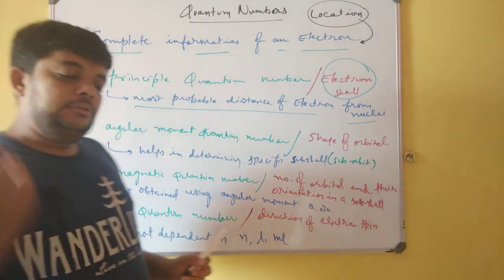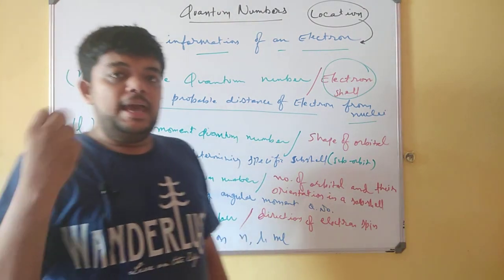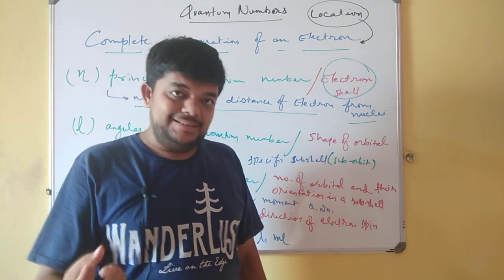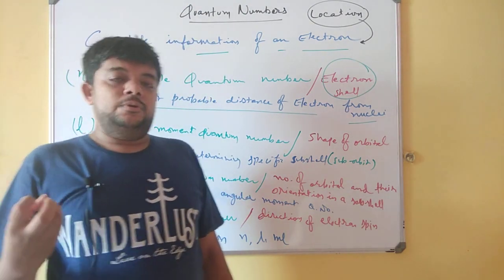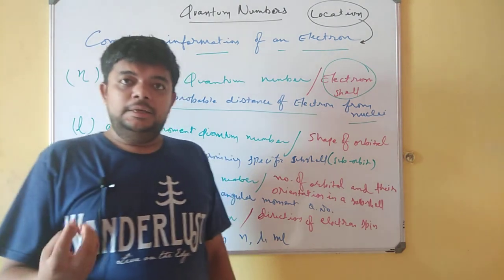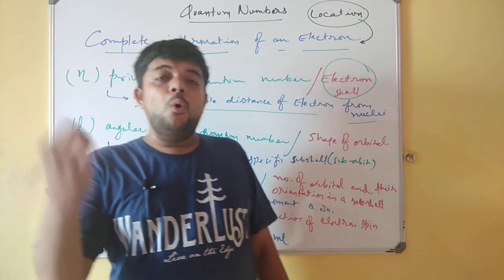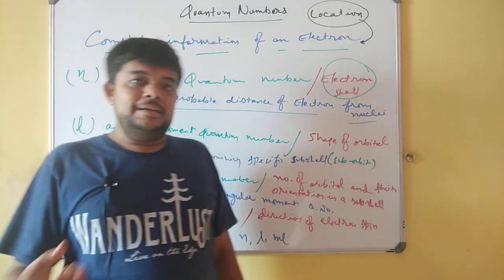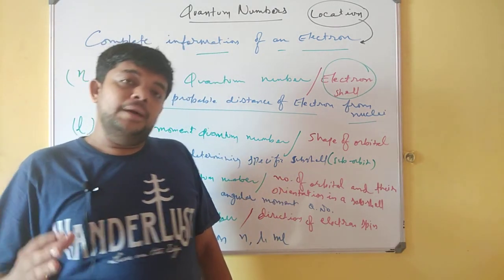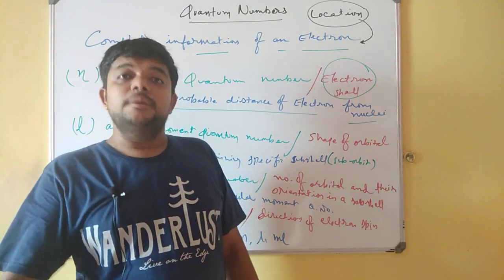Here, quanta suggest energy packets, and each electron, moving either clockwise or anti-clockwise, has its own energy, and that is distributed among these 4 quantum numbers.